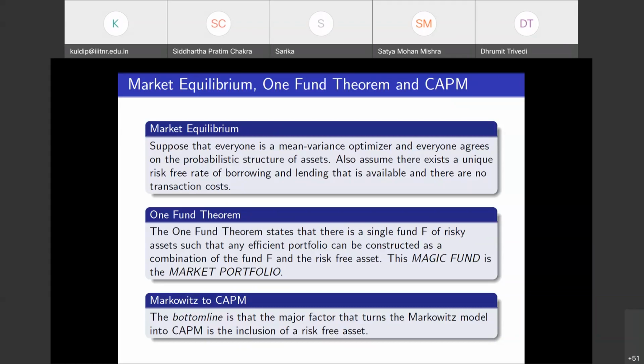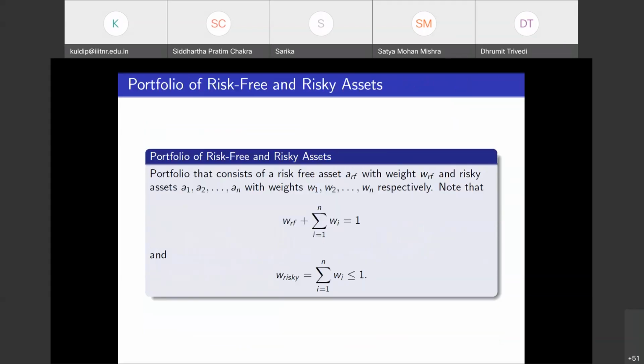So that means once you have the risk-free asset and you have determined the market portfolio, then you can draw the entire efficient frontier, which may not be a curve, by taking a combination of these two. By combination, I mean that the efficient frontier could be as a result of putting 50% money in the risk-free asset and 50% in this magic fund, 25, 75, 75, 25, 40, 60. So all possible combinations.